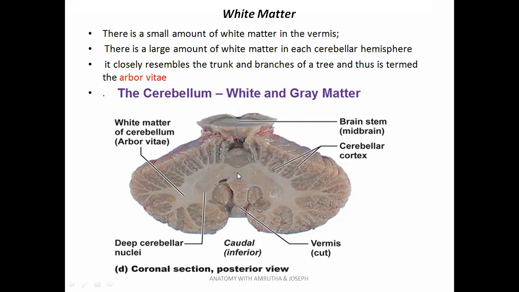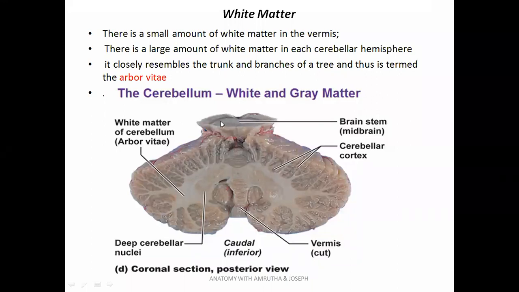A section is taken and you can see the structure of the cerebellum. This is the coronal section of the cerebellum, with the anterior part and the posterior part.